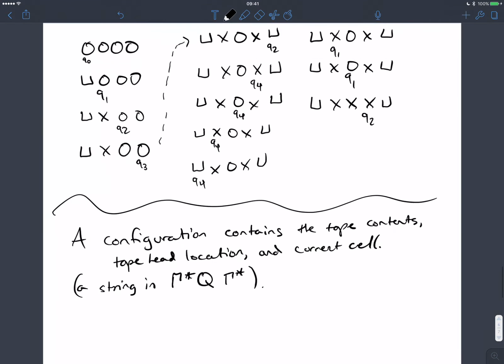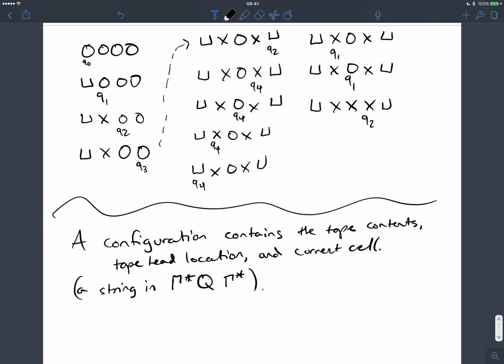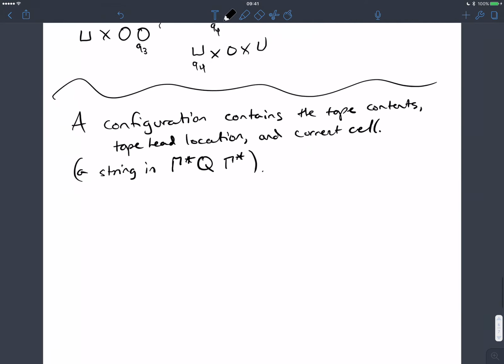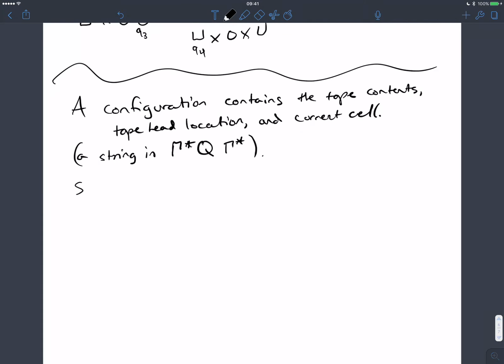As an example, if we look at the starting configuration over here, that corresponds to Q0. So a starting configuration for the Turing machine above would be Q0 0 0 0 0.